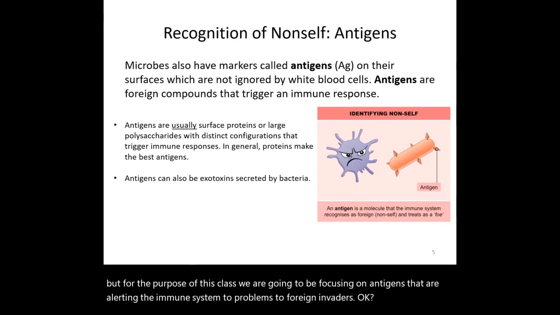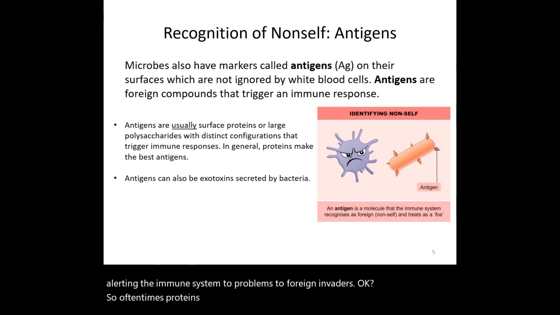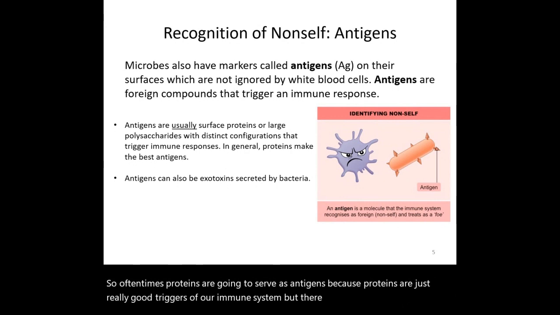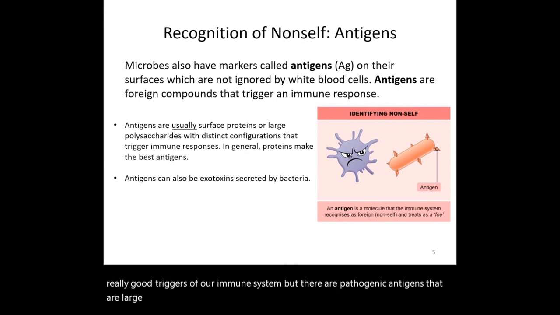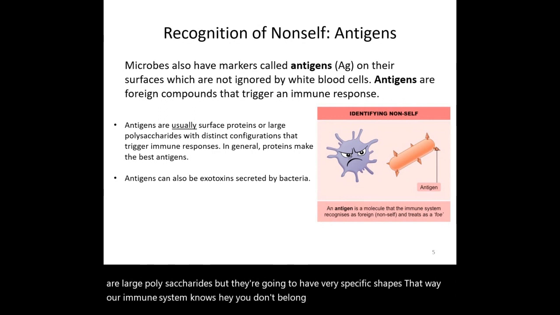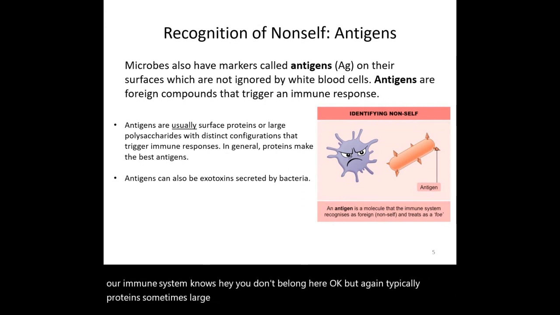So oftentimes proteins are going to serve as antigens because proteins are just really good triggers of our immune system. But there are pathogenic antigens that are large polysaccharides, but they're going to have very specific shapes. That way our immune system knows, hey, you don't belong here. But again, typically proteins, sometimes large sugary molecules.